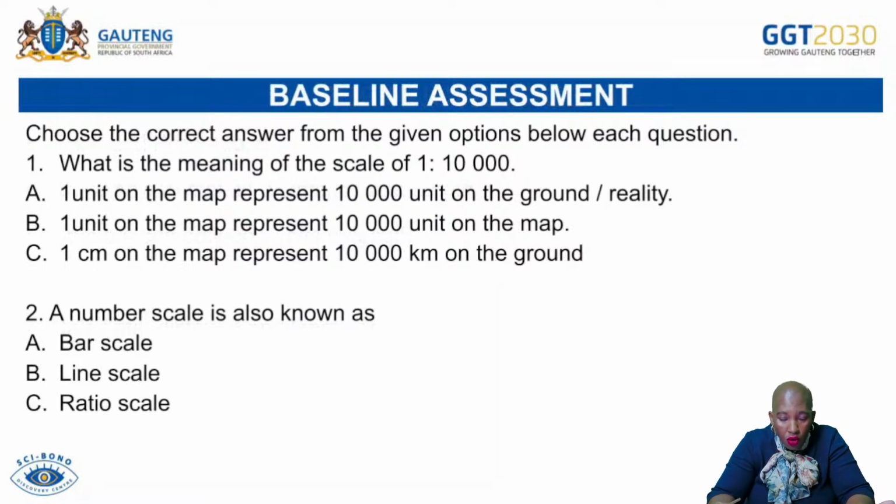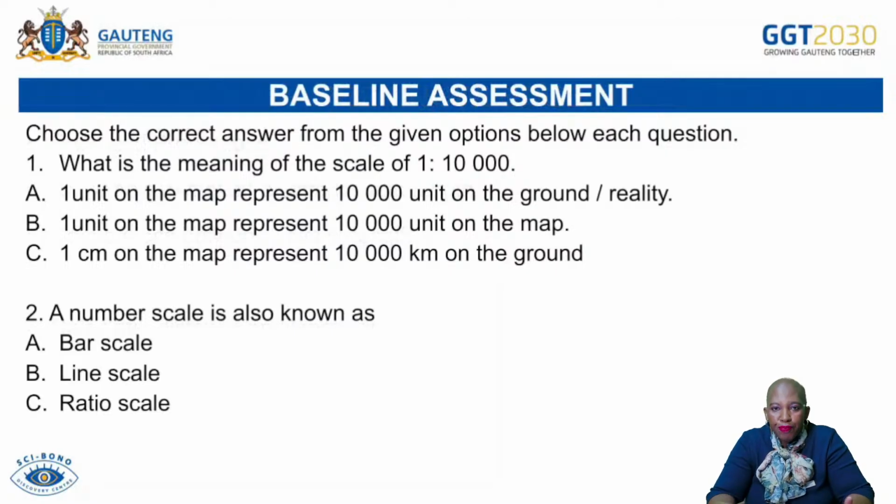Option B, 1 unit on the map represents 10,000 units on the map. Option C, 1 centimeter on the map represents 10,000 kilometers on the ground.